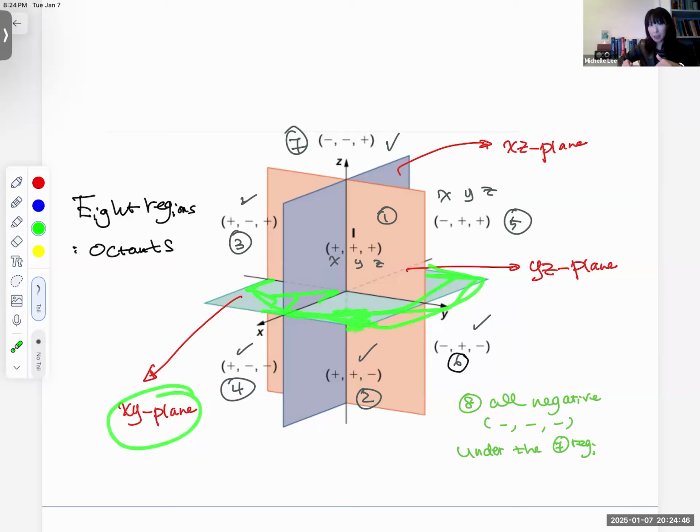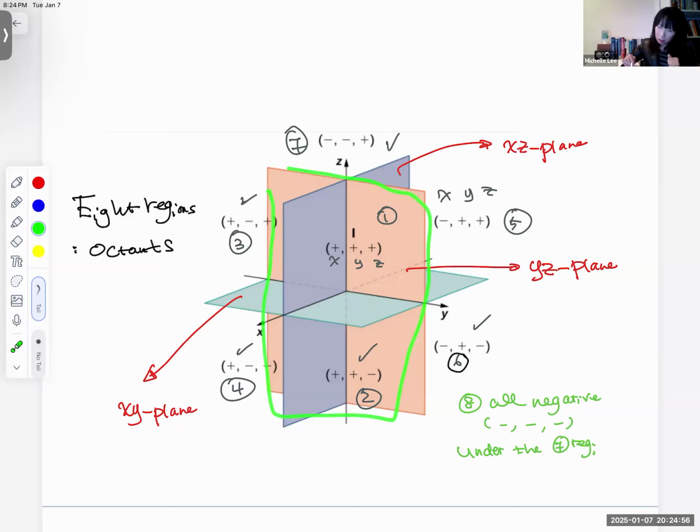The equation in this case is z equal to 0, right? And this orange one, the orange one moving along the x-axis. So this is the YZ plane. In this case, x equal to 0. Yeah, the equation is x equal to 0.